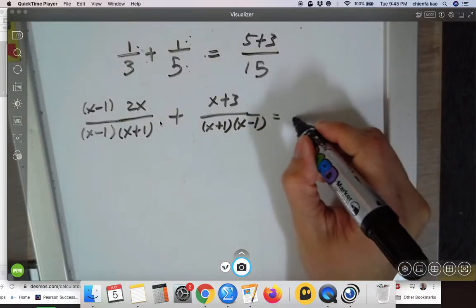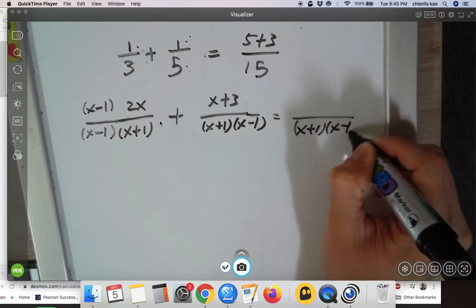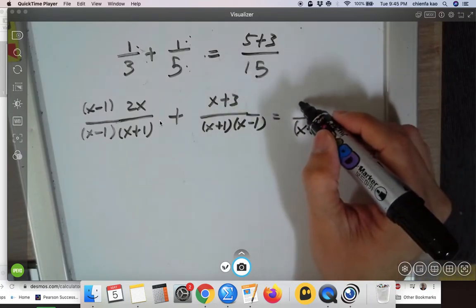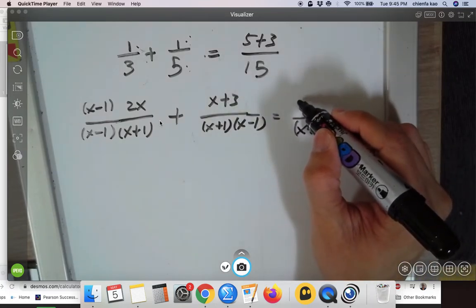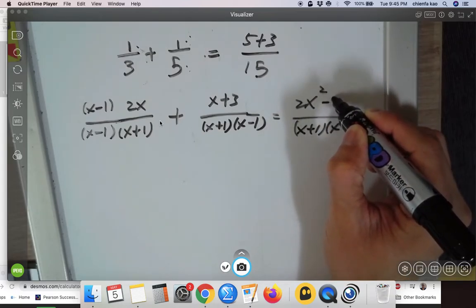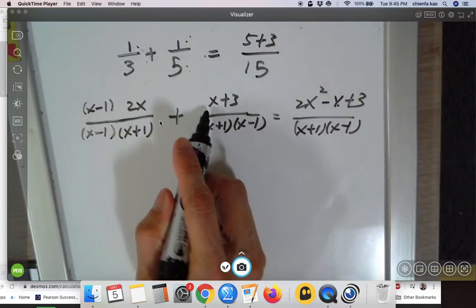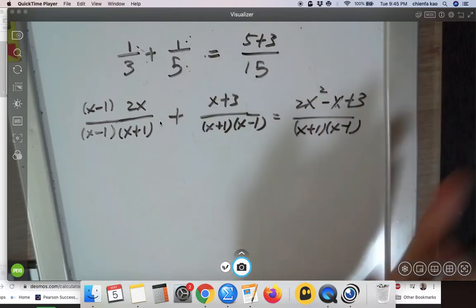And the final answer would be over x plus 1, x minus 1, and then it becomes 2x squared minus x plus 3. It's minus 2x, but I added the x, so it becomes just minus x. You know, things like that.